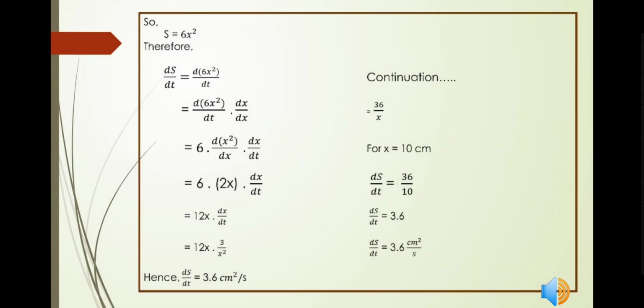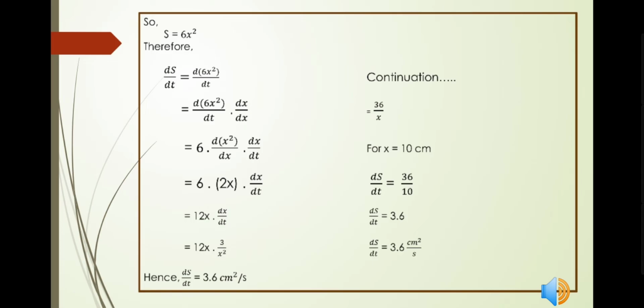Now, we need to find the rate of increase of its surface area when the length of an edge is 10 cm. We know that the surface area of a cube is 6 times side squared. So, s is equal to 6x squared. Therefore, to find the derivative of surface area with respect to time, we have ds over dt equals d of 6x squared over dt.